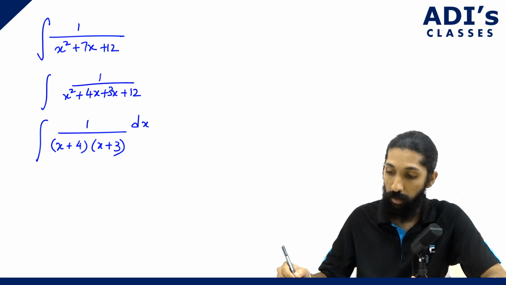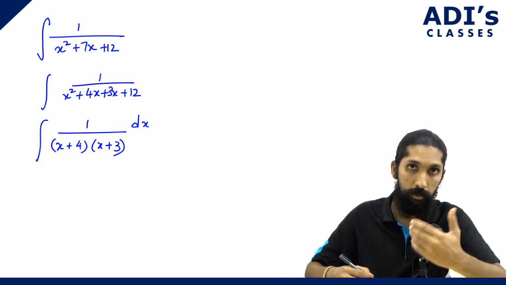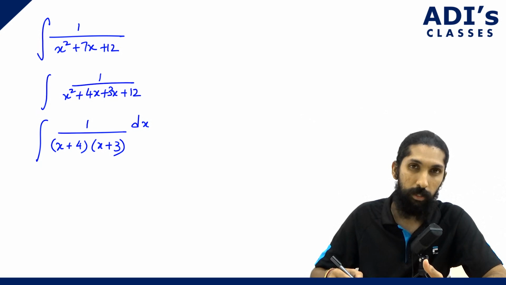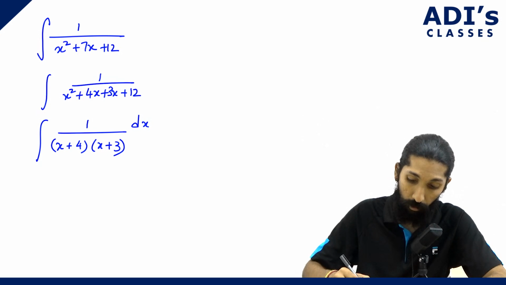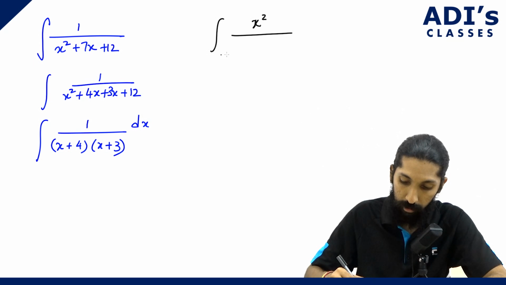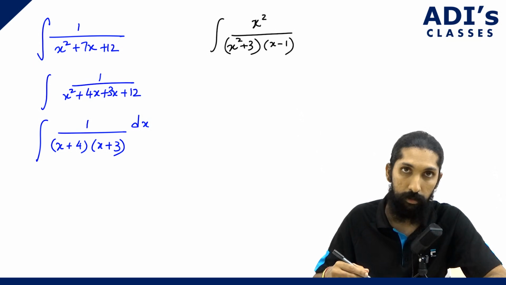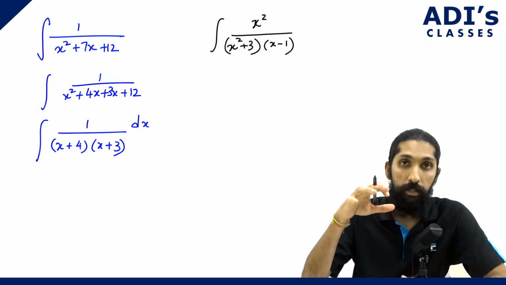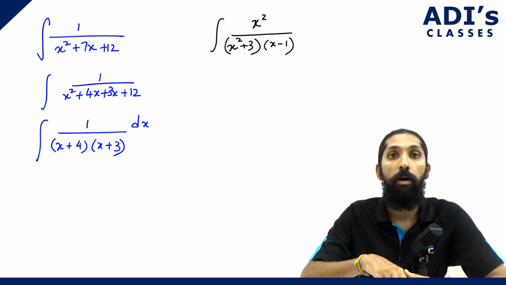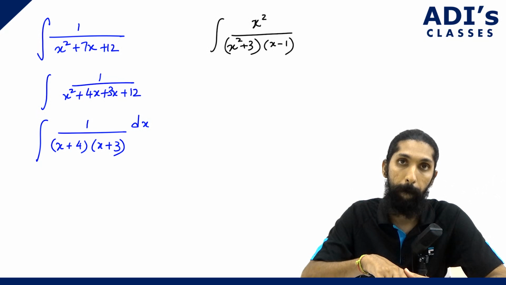In the denominator you can have factors, something like x square divided by (x square plus 3) into (x minus 1). These are the type of problems where we use the partial fraction method.